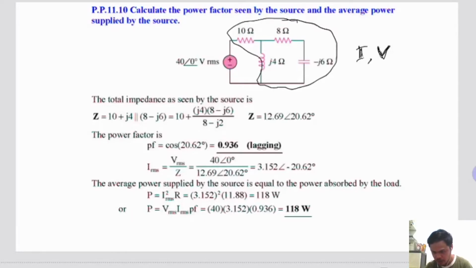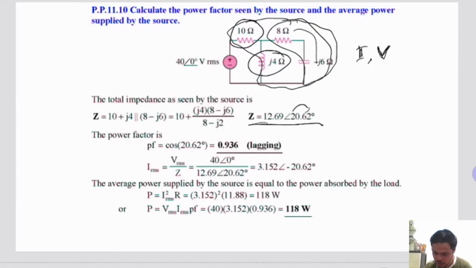In this case, we have series elements 8 ohms and minus j6 ohms in parallel with 4 ohms and in series with a 10 ohm resistor. So the total impedance gives us 12.69 angle 20.62 degrees.